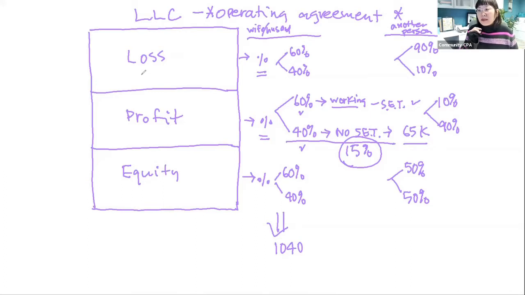So this is number one, why LLC? Because LLC has flexibility. It is very good. And LLC also has flexibility, this is my number 2 point, in handling business expenses. For example, let's say you partner with somebody and this partner of yours is very adamant about not charging anything to the partnership.